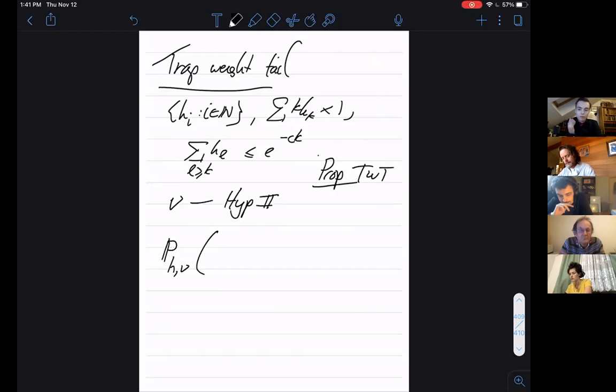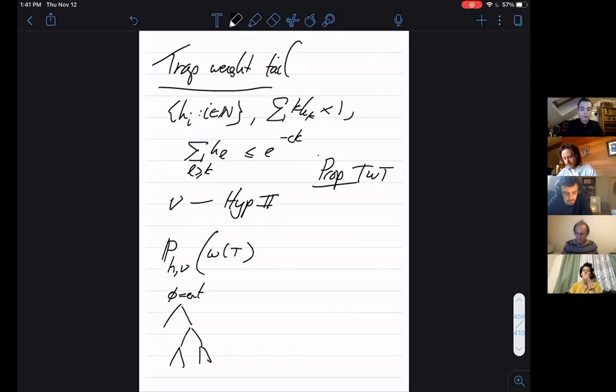So this omega t is exactly what we're talking about. The view is that in this notation, the root is the entrance, and T is the entire tree. So it's exactly the formula we've just been seeing.